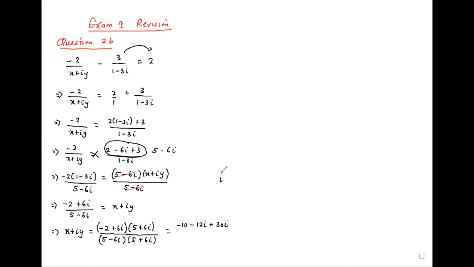We know that i squared is negative 1, so 36i squared is negative 36.